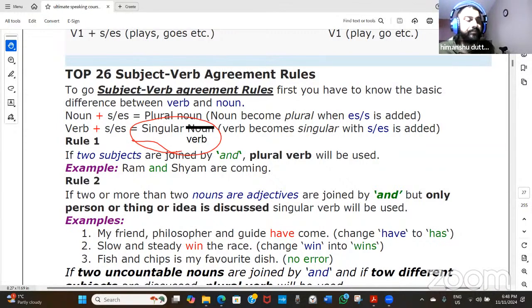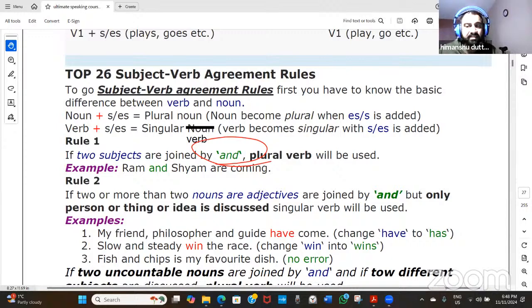That depends upon that. Now, rule number one says that if two subjects are joined by and, like two doers of action are joined by and, the plural verb will be used. Let me tell you, it depends. There are different scenarios.